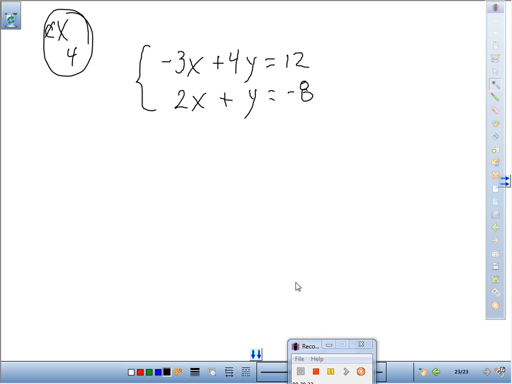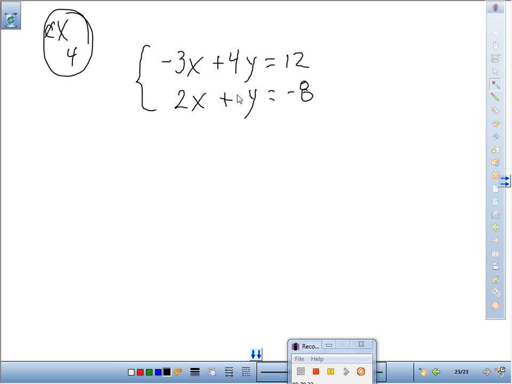Okay, this one also requires a little bit of thinking, so pens down, eyes up here. Here we go. So you'll finish copying right now. So check this out. By looking at it, they're already in standard form. Step 1 is done. Step 2, let's eliminate. Can we eliminate the x's? No, because what is negative 3x plus 2x? Negative 1x. We can't eliminate. They have to be the opposite number, aren't they?